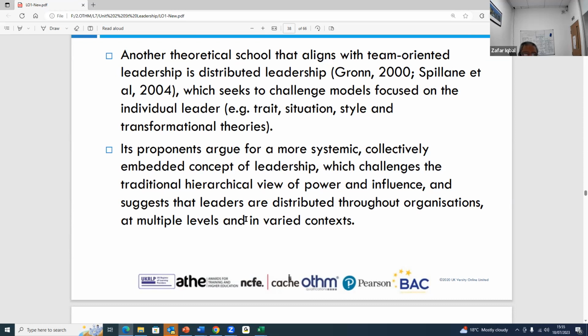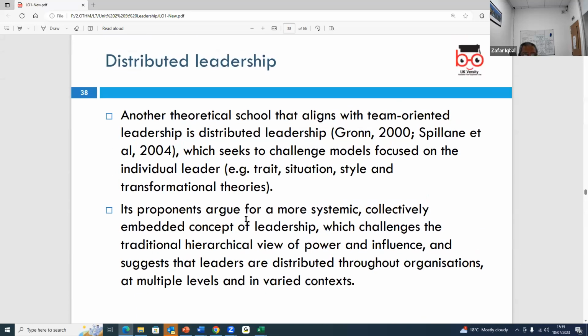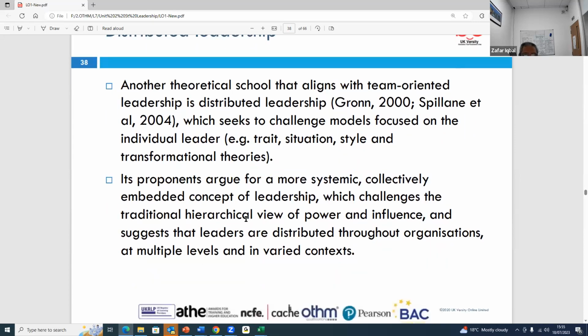So it's very systematic. It's very collective. People think that this is a very challenging model that is focused on individual leadership.